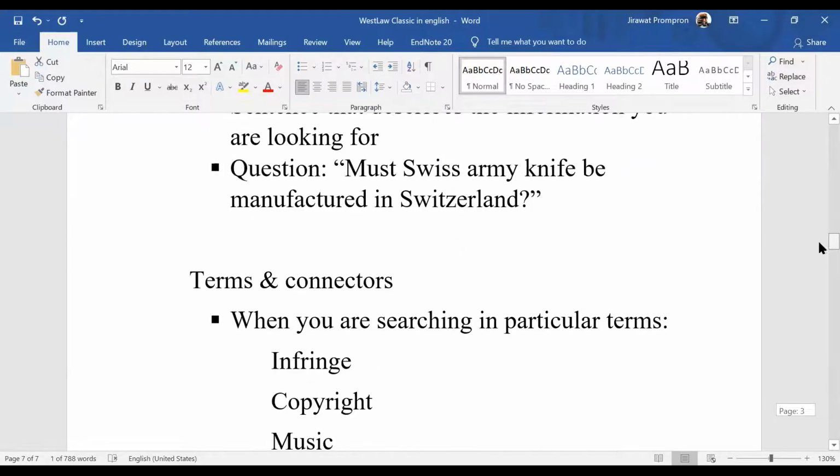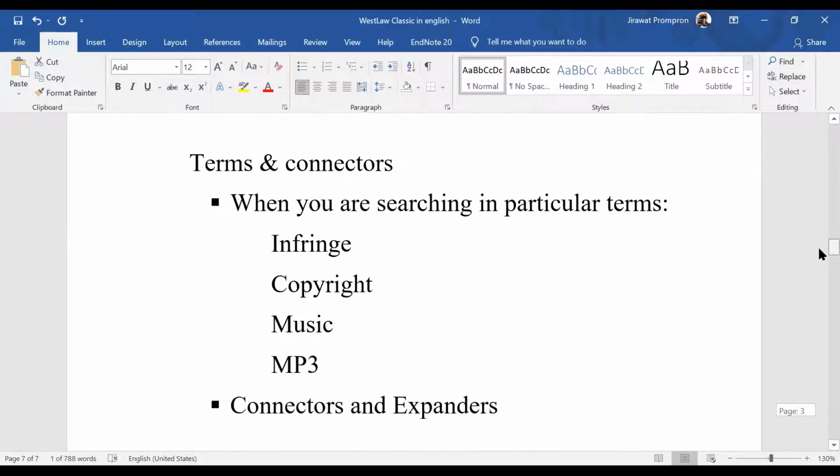Let me give you the idea again with another example for searching today. The legal topic is the same, intellectual property again. But I just want to scroll down to copyright. Copyright is too broad for me.